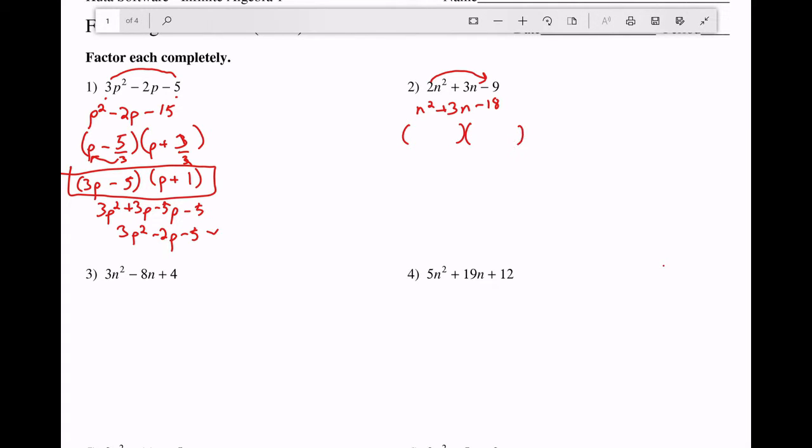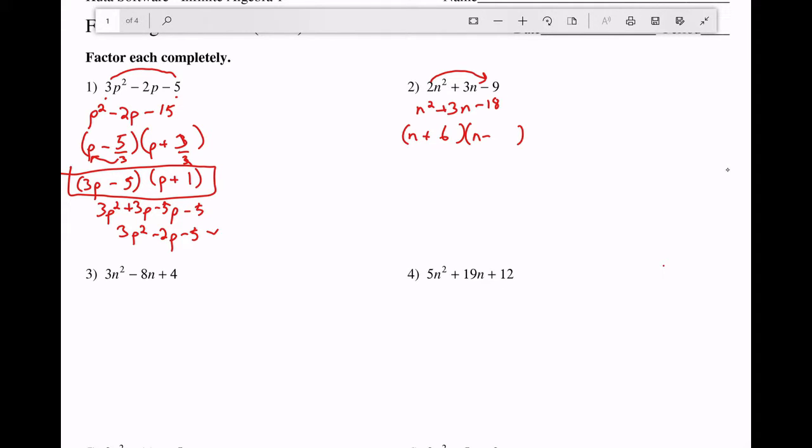Again, that second minus tells me that I'm going to have an n plus and an n minus. I did n plus first because my biggest factor is going to be positive. And so I've got to think of factors of 18 that will subtract to become 3. Hopefully you think 6 and 3.